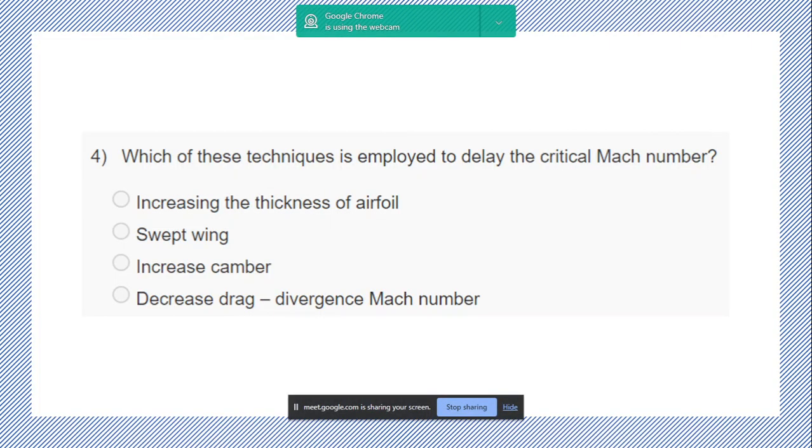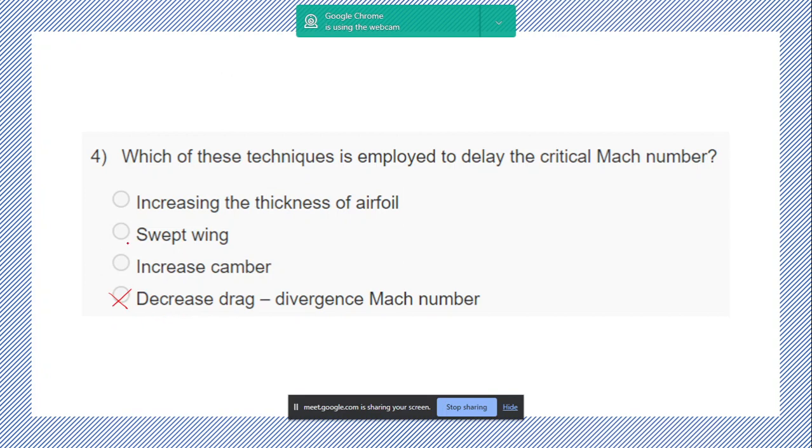Yeah, okay. So, which of these techniques is employed to delay the critical Mach number? Was it increasing the thickness, increasing the sweep, increasing the camber, or decreasing the drag divergence Mach number? So we just saw that it cannot be this, because when you decrease the drag divergence Mach number, your critical Mach number also decreases.